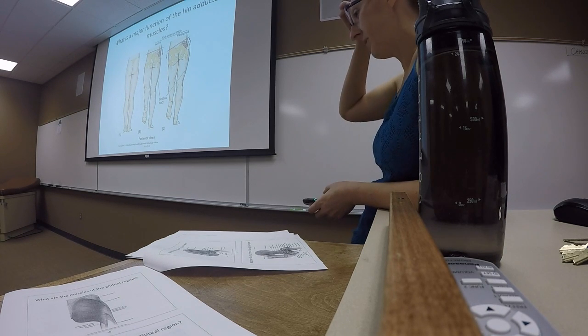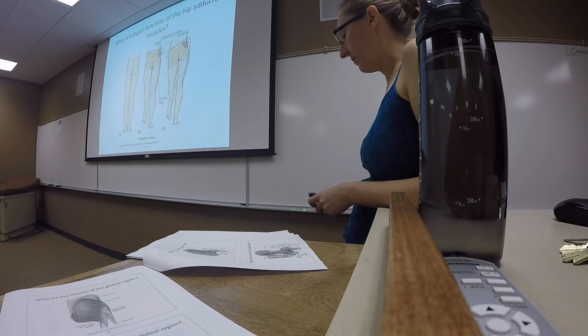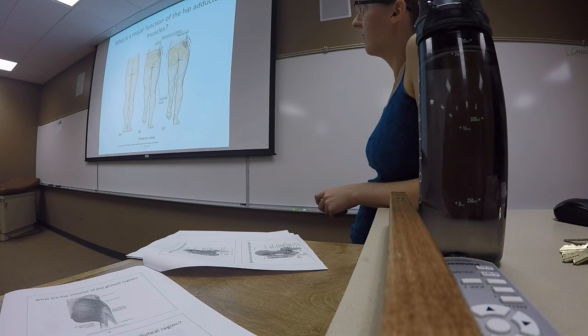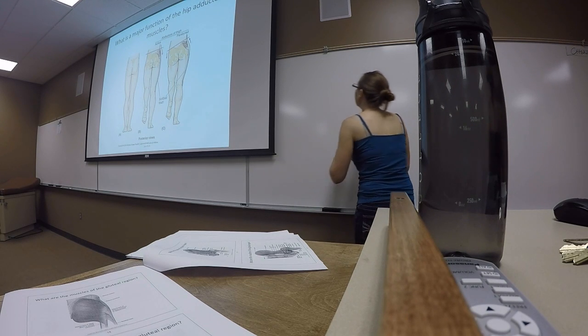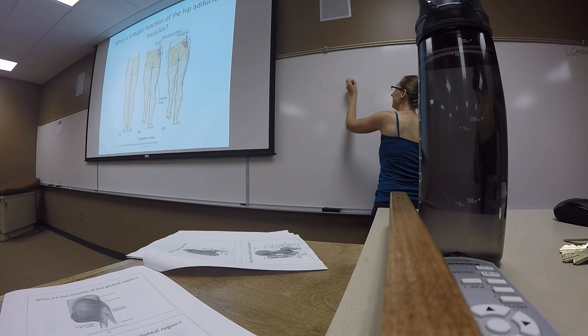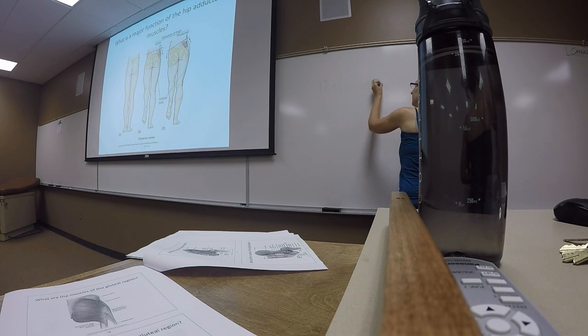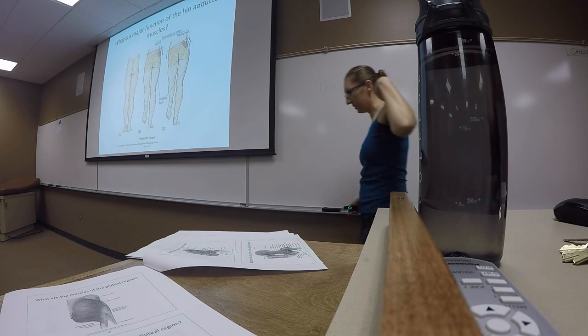And this produces a particular gait that is indicative of this kind of damage. It's called the Trendelenburg gait, where you get excessive drop of one hip, and a lot of times this is just on one side.